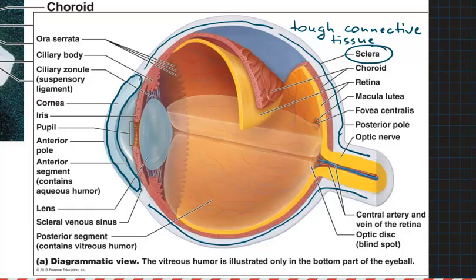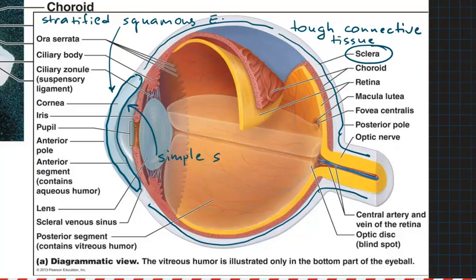So it turns out that the outer layer of the cornea is stratified squamous epithelium. What about the inner layer? The inner layer consists of simple squamous epithelium.